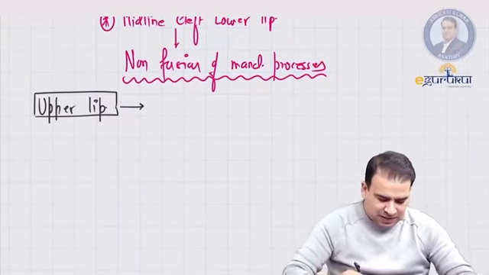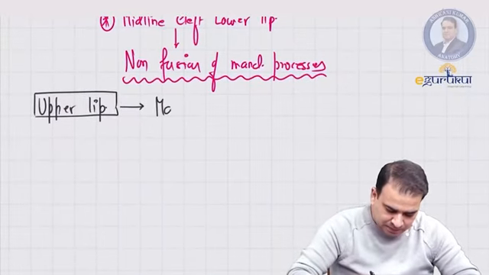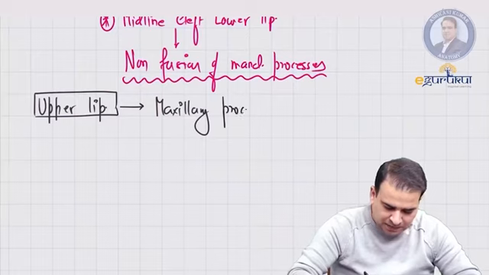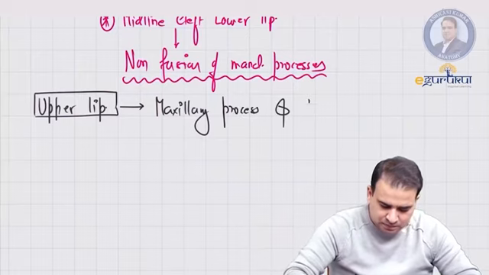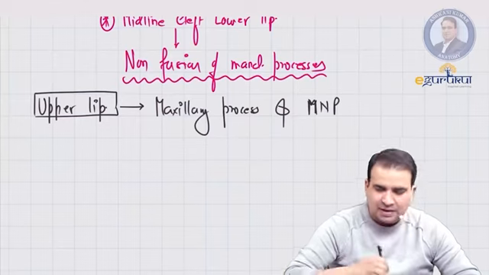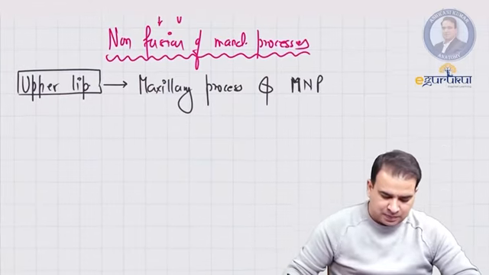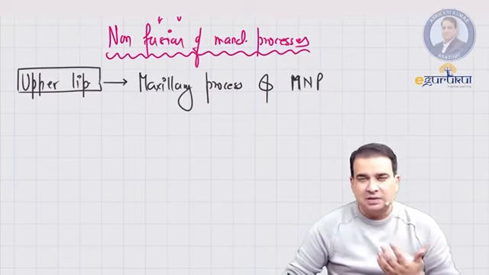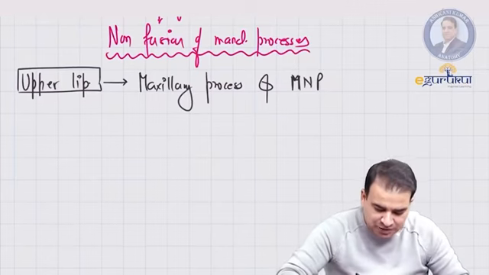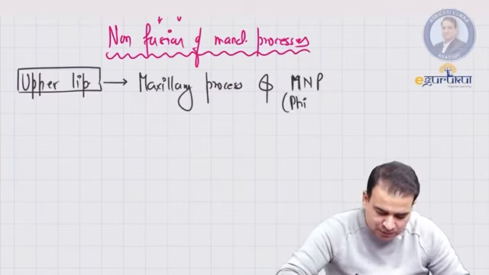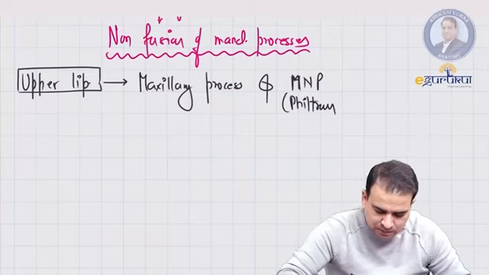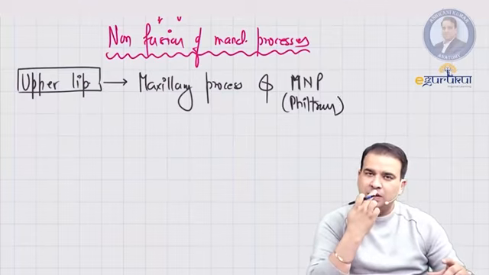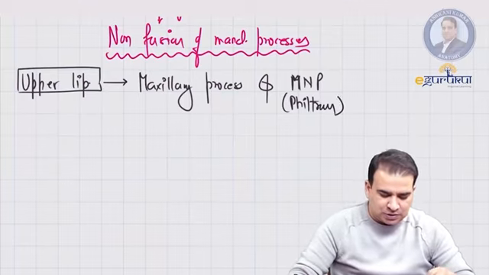So upper lip is derived from the maxillary process and the medial nasal process. I'm writing M and P, that is medial nasal process. And if you look at the upper lip, what part of upper lip will be from the medial nasal process? Well, it's the philtrum which is formed by the medial nasal process. The philtrum portion of the upper lip is by the medial nasal process.